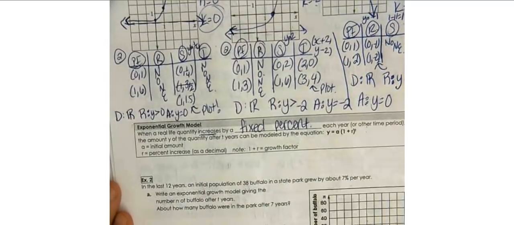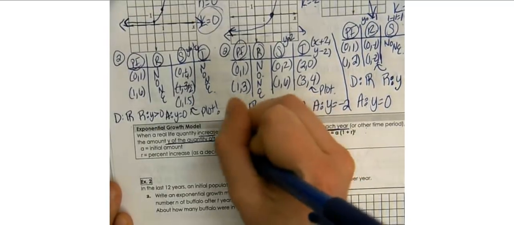So when a real life quantity increases by a fixed percent each year or some other time period, the amount y of the quantity after t years can be modeled by the equation y equals a times 1 plus r to the t power.